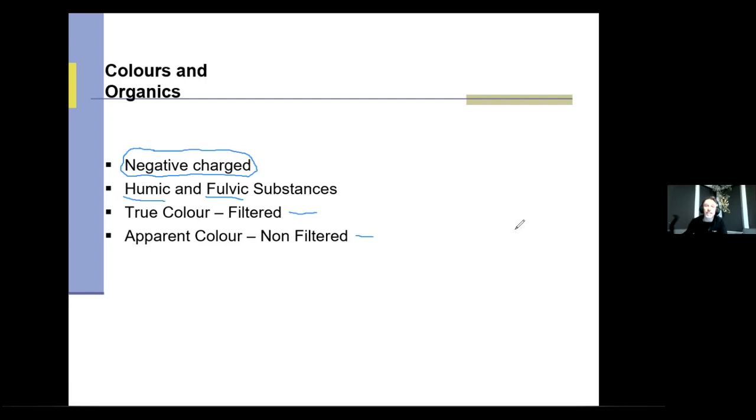It's the color that the water, that the particulates are dissolved in, without the stuff floating around in there, because the stuff that's floating around in there can also cause a color. So apparent color is both dissolved and suspended color. What we're really concerned about is the color that is dissolved, and that's what we're going to be dealing with here.